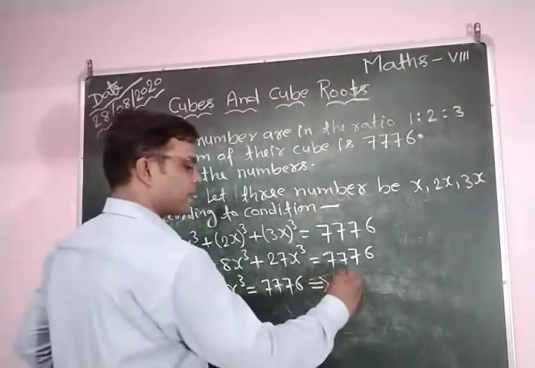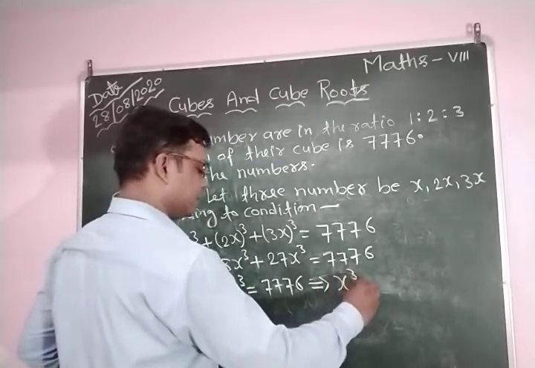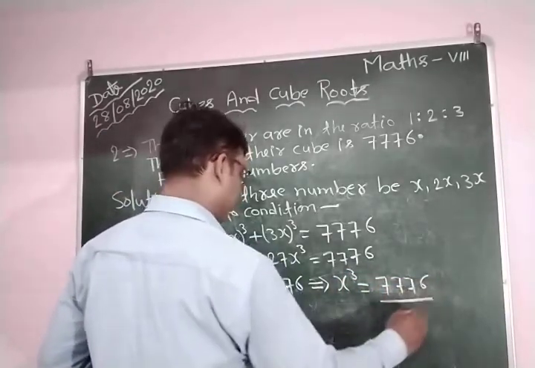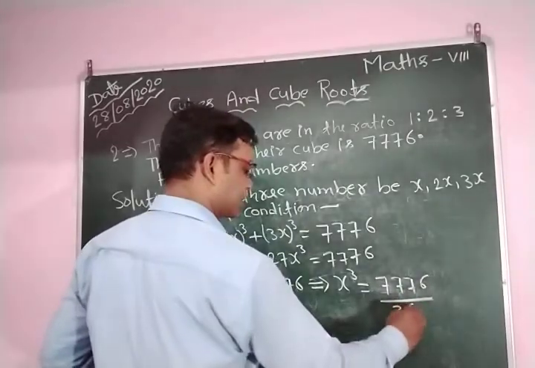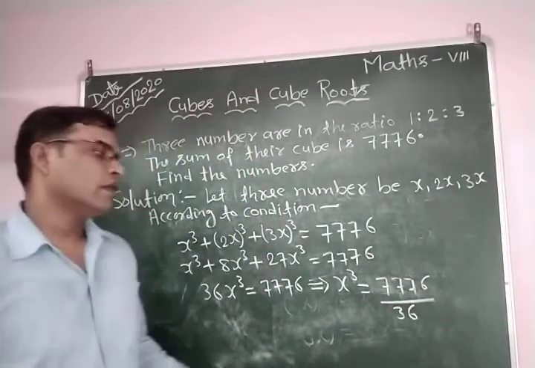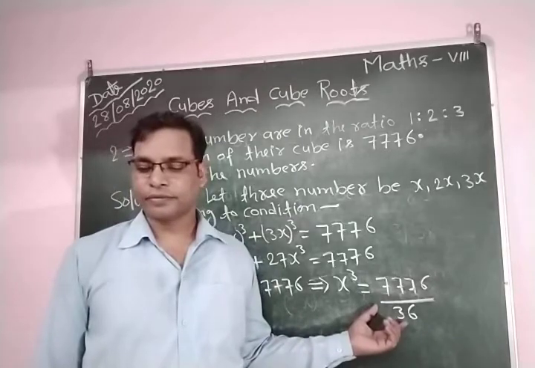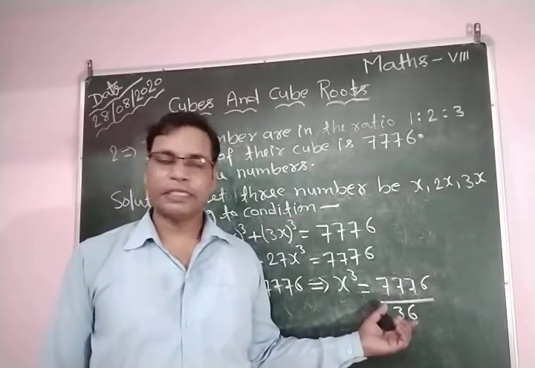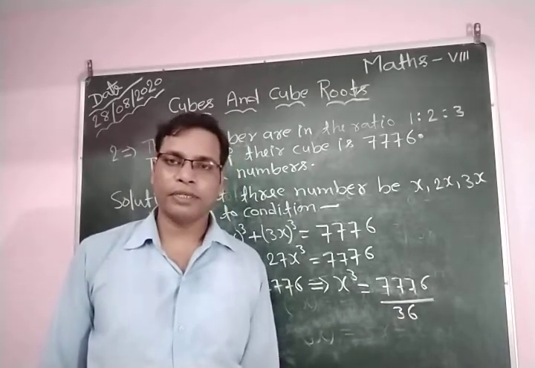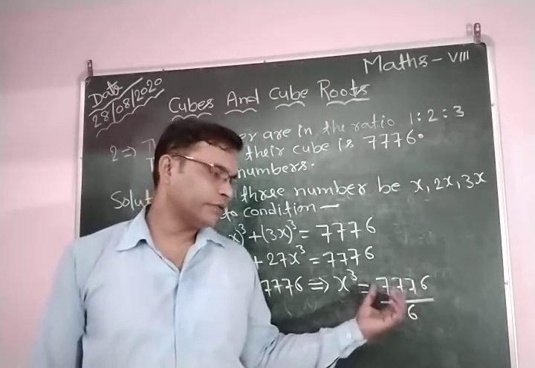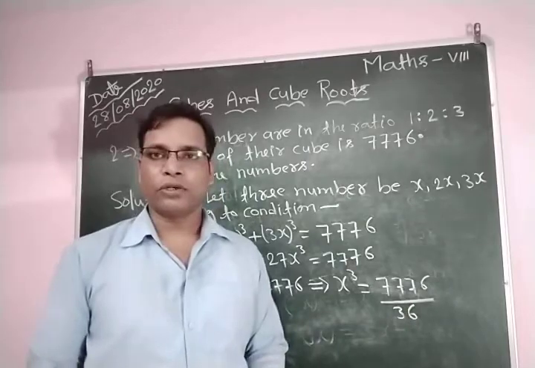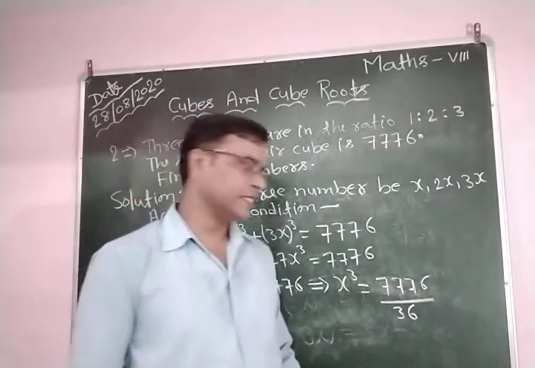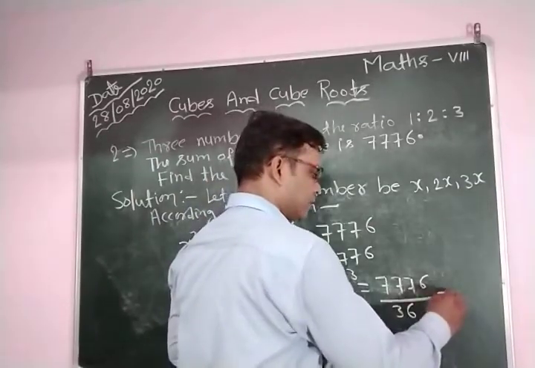x power 3 is equal to 7776 by 36. Now we divide 7776 by 36, then what do we obtain? If you take the division method, you obtain 216.